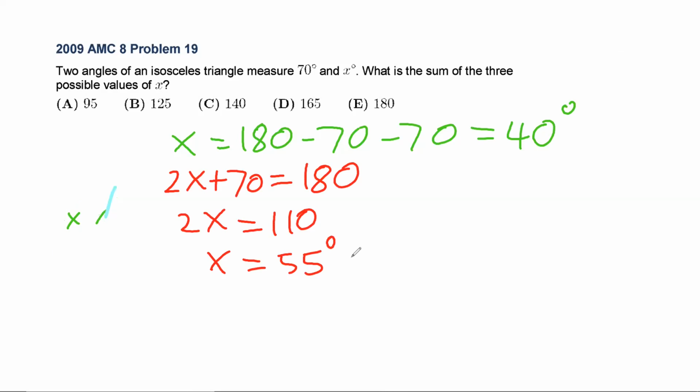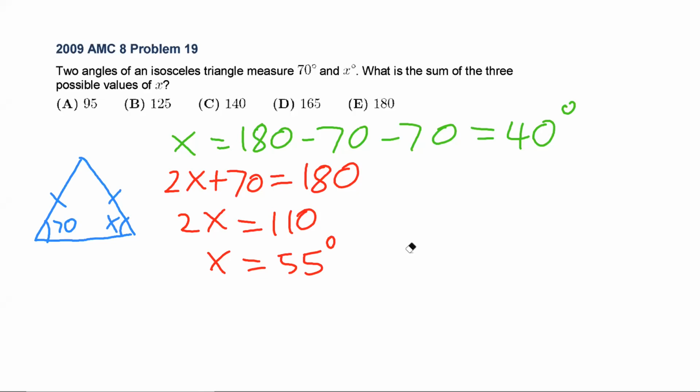And our last case here is if 70 and x are actually the base angles of this isosceles triangle, which means that x would equal 70.